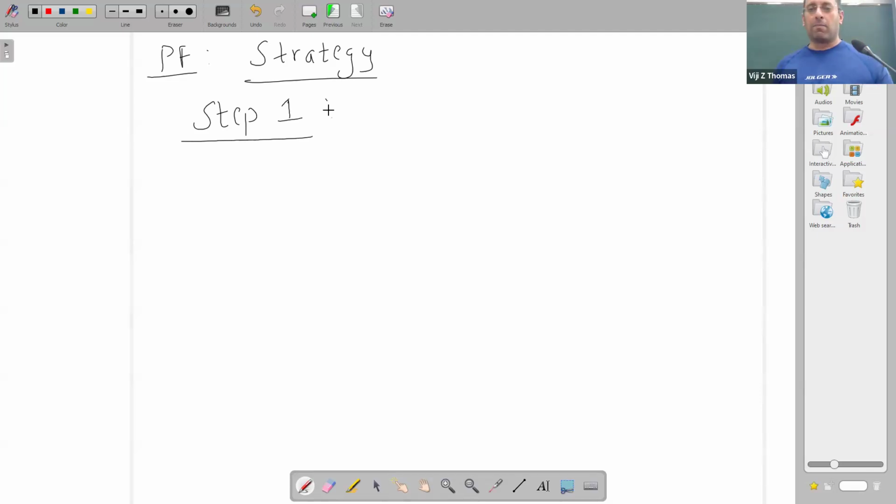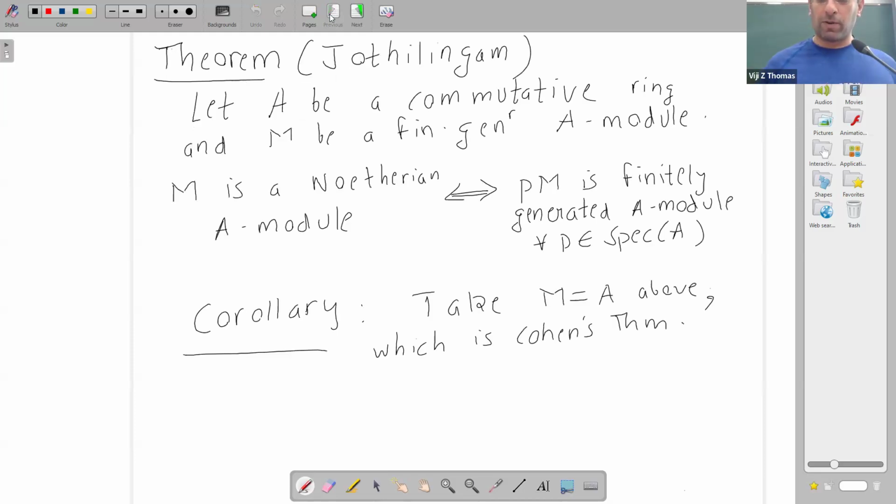The strategy will be to assume that M is not a Noetherian A module. If M is a Noetherian A module, then every submodule is finitely generated and PM is a submodule, so one direction is clear. Assuming PM is finitely generated, we have to show M is a Noetherian A module. So we'll suppose it is not.